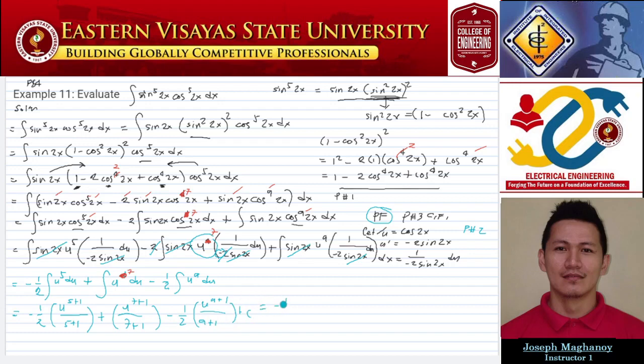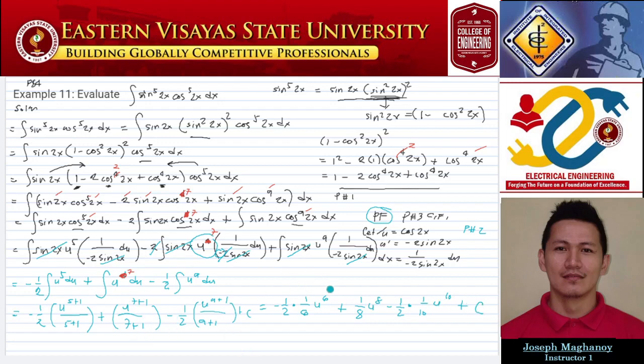That is negative 1 half times 1 over 6 u^6, plus 1 over 8 u^8, minus 1 half times 1 over 10 u^10, plus your arbitrary constant c.